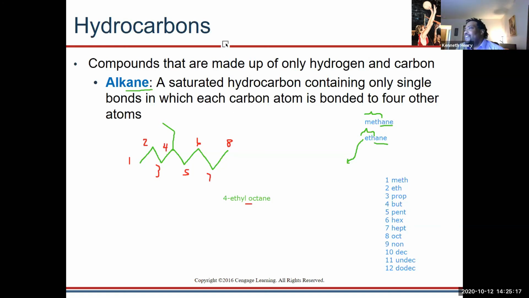Although for what you guys need right now, I don't think I'm going to go into it, if there were double and triple bonds, let's say if this was a triple bond or a double bond here, then you'd put ethyl enol.